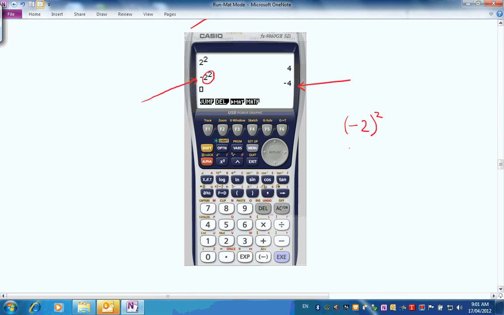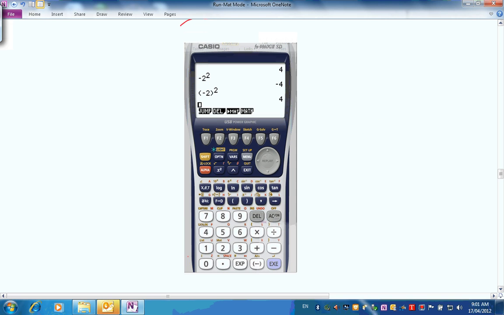So let's check it out by using a bracket, then -2 followed by a bracket, and then if we go to squaring it and see what happens. Oh, that's better. And as you can see now, staying in math mode, it shows exactly what has gone on, and the answer is, as we know it should be, a +4.